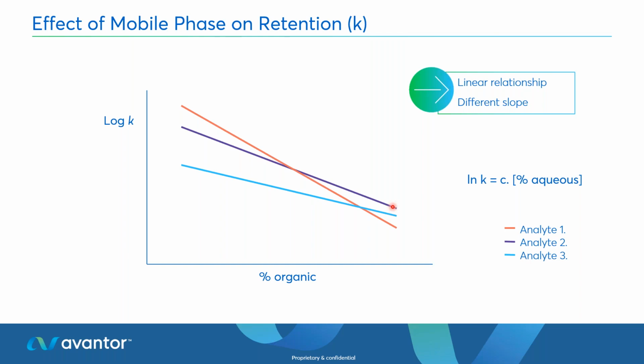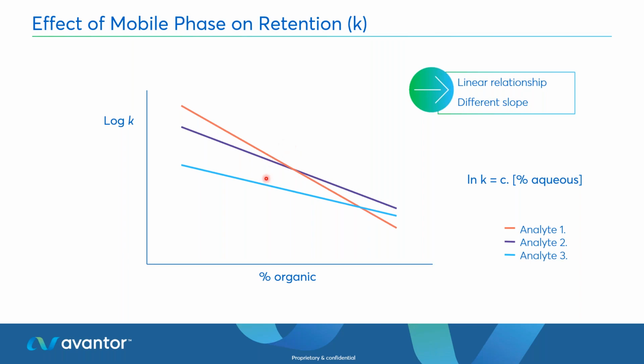It's also what a lot of the method development software uses to actually predict where your peaks are going to come out. So this equation here, where C is a constant, is used in many of these predicted method development tools to say, well, if I work at 50% organic, now I've got coelution of analytes 1 and 2, and then peak 3 is coming out prior to those analytes.